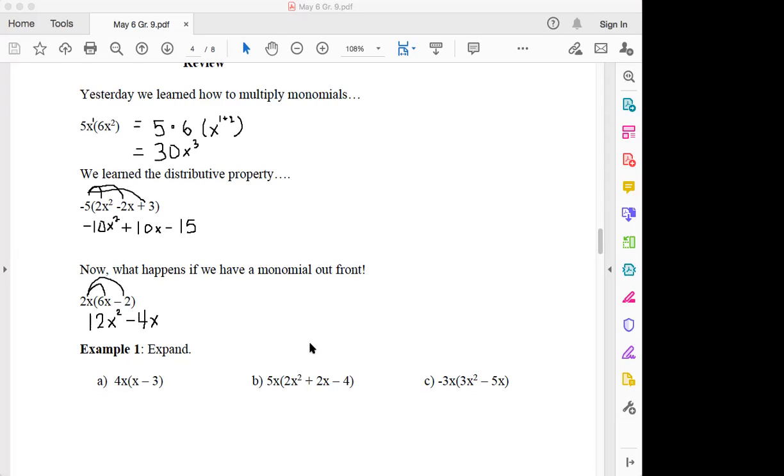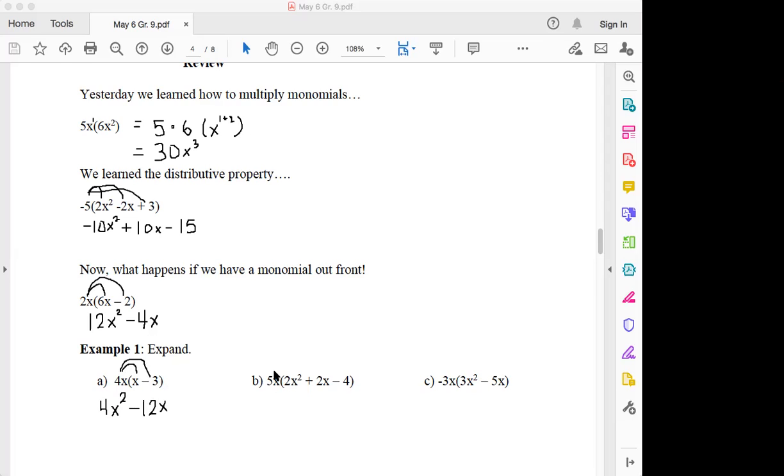Okay, so like all the other ones, whenever we say expand, it means to multiply or to do the distributive property. So you would do the same thing for your examples here. You would do 4x times x and 4x times -3. So 4x times x is 4x squared, and then 4x times -3 is -12x. And that's it.